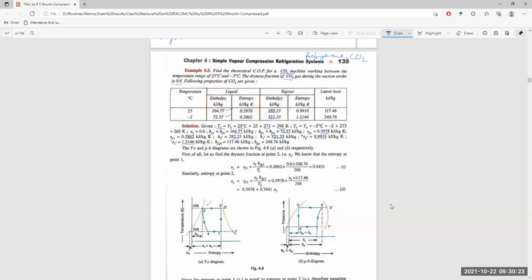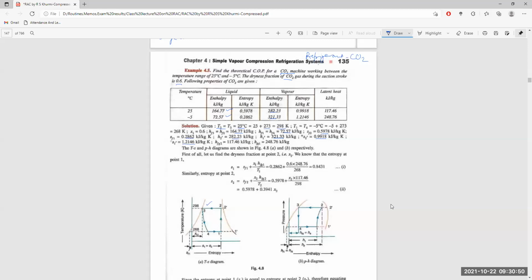So what will happen here? We have to find H1 and H2. H1 is HF1 plus X1 multiplied by the latent heat at point 1. So if you put in the values, you'll get the value of H1. The same for H2: HF2 is given, X2 you have calculated, and HFG2 is given.